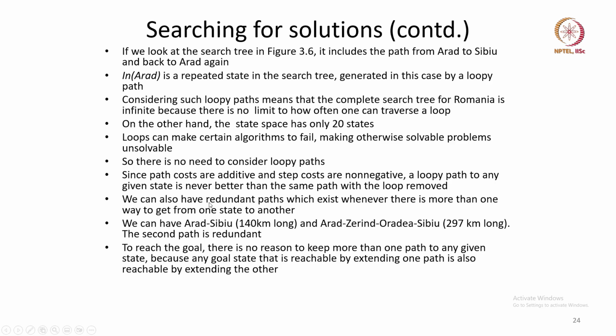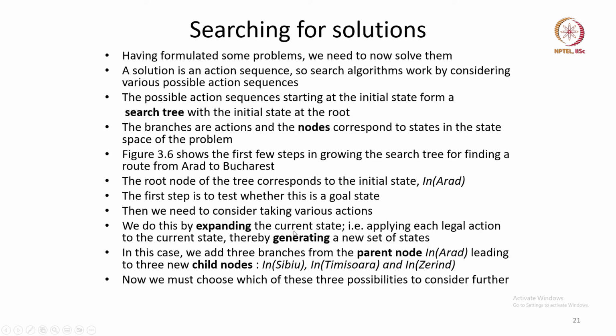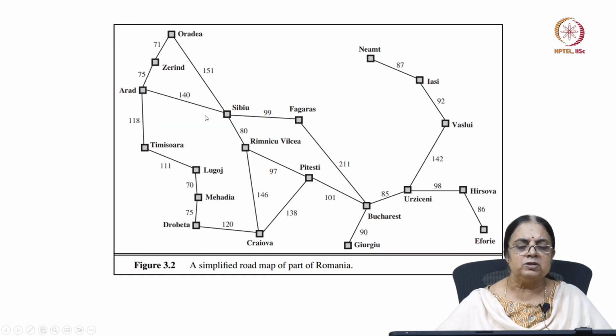If you go back to the same node again, it will give redundant paths. For example, suppose we are going from Arad to Bucharest.